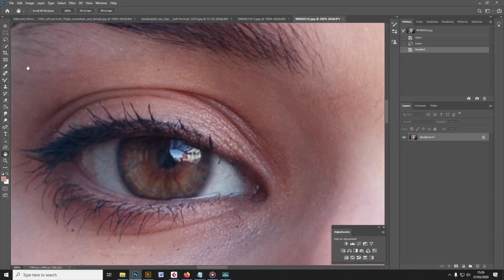And here, as we zoom in, we can see a lot of detail. We can see these buildings and the sky, and we can identify particular details that were present and which are reflected in the eye.